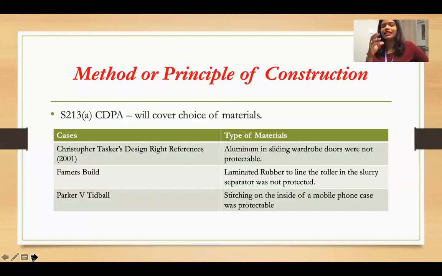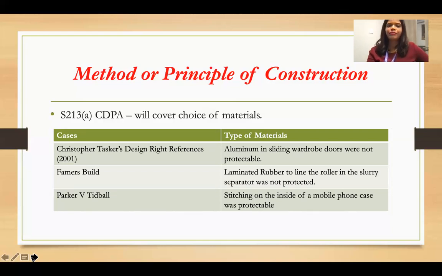But in this case, in Parker, the court held that we will protect purely because this is the only method you can use to achieve this one result. If I can only use this one method to achieve this one result, yes, you may. If not, you cannot. Other than that, Section 213 of the CTPA also allows you to protect type of materials.